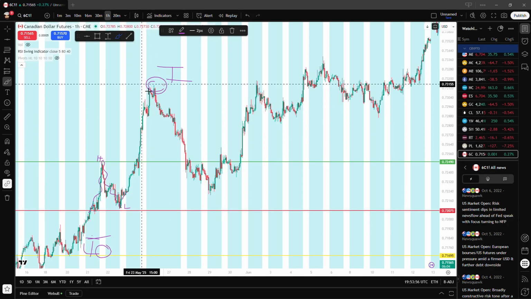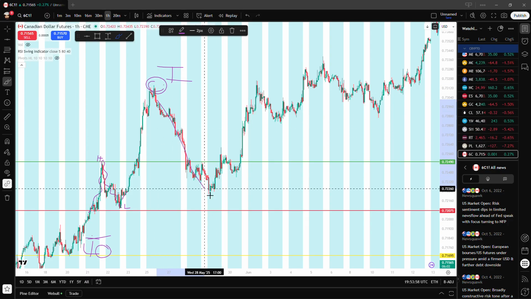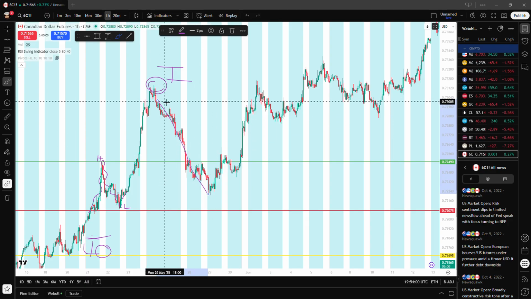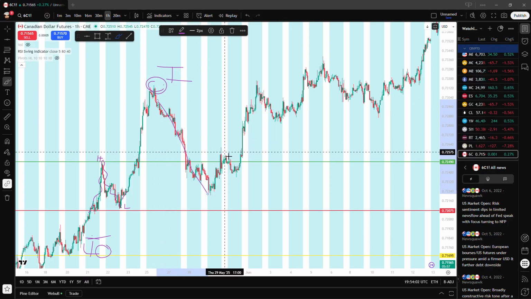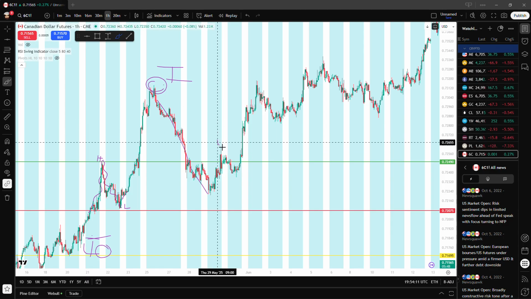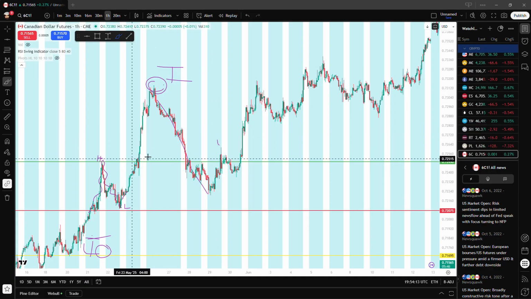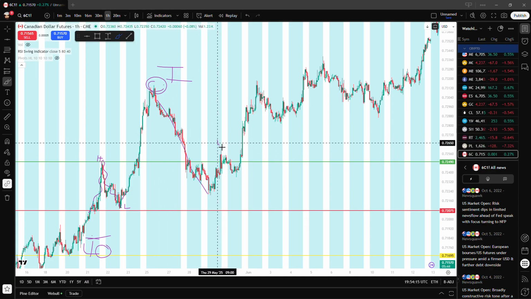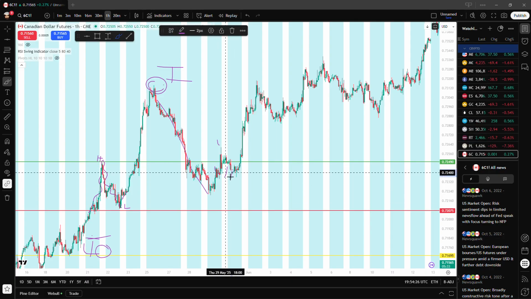So it's either it coming off of the indication and then forming a lower high, or, yeah, it forms a high right here. It's either going to be a lower low or a lower high. Like the lower high would be down here.